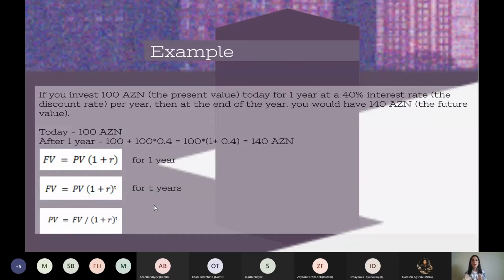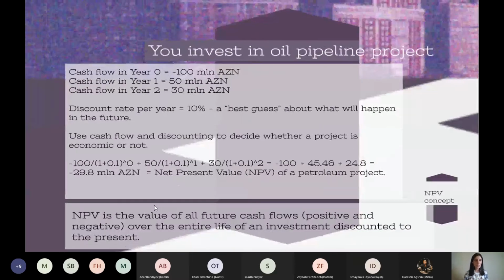So guys, now you will understand why we need to discount our money, why we need to find the present value of all money. So again, imagine you're rich, you're an investor and you would like to invest in an oil pipeline project, and of course you have to start with investment. For simplicity, let's say we have 3 years.